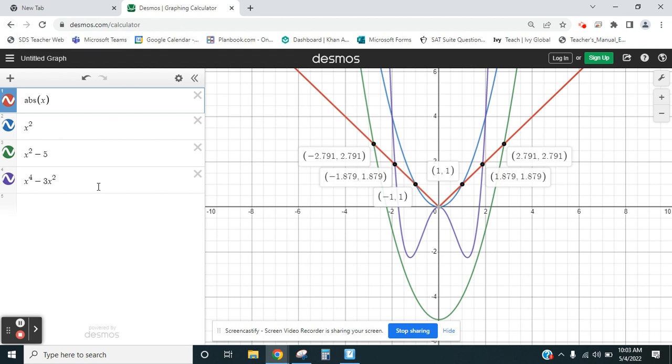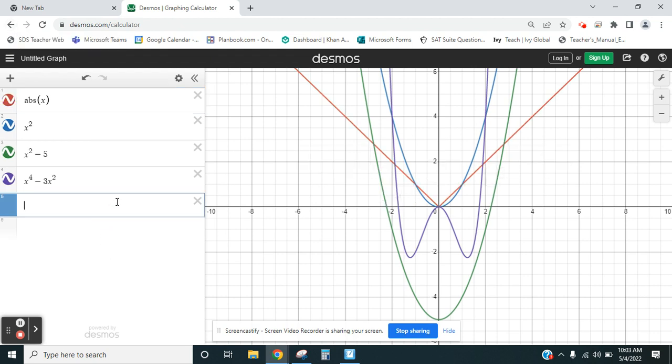let me show you something that doesn't quite work. X minus 5 squared is this one over here. Try that on your screen: X minus 5 in parentheses, and then square that one.